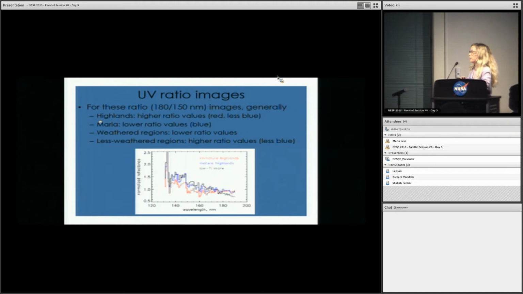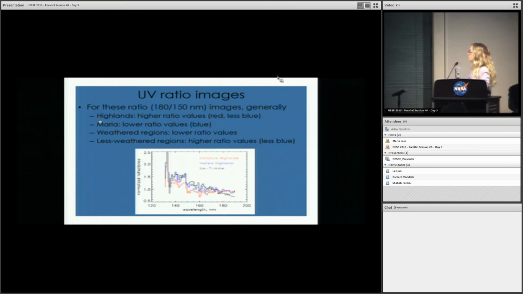And you can see that all three of them are pretty blue in this region. The moon is pretty blue in the far UV, and we've known that since the 70s from IUE. But what you can see is that immature highlands are less blue than mature highlands, and the Mare are the most blue around the moon, and that's just a natural consequence of the more enhancement of opaques in the Mare region.